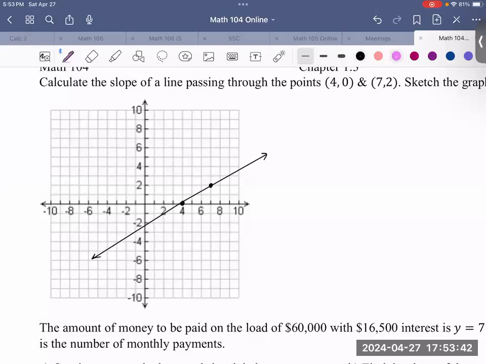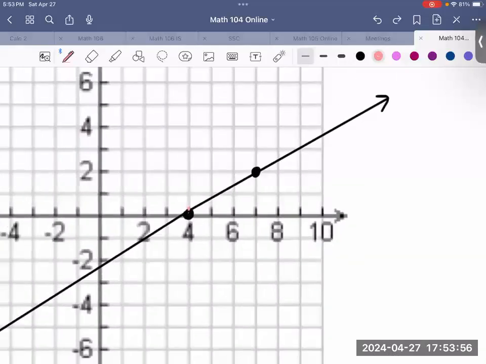Now, if we're trying to calculate the slope of a line given these values, your slope is just your rise over your run. So in order to go from point to point, I might zoom in here for a second. We want to go up 2, so this is really a +2.